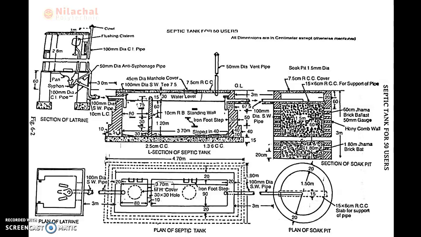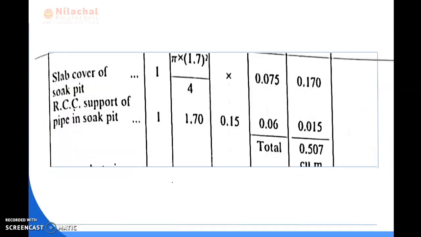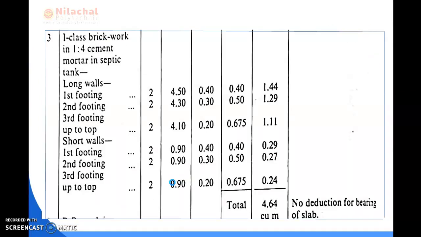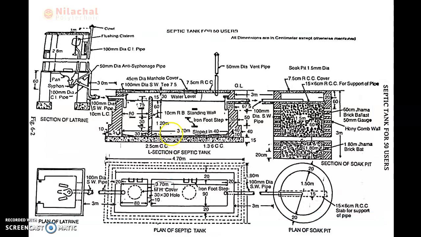And what is the height of the septic tank? Sorry, it is 1.50. The height is clearly indicated from this point to this point: the height is 120 centimeter, then from this point to this point, the 7.5 centimeter RCC cover, it's 30 centimeter.